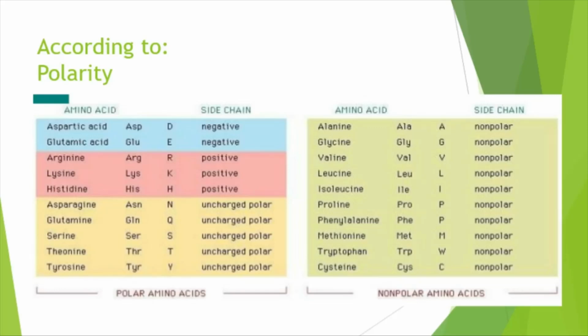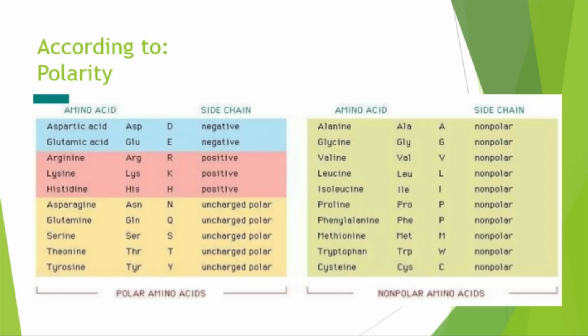Also, your amino acids can be classified according to polarity. When we say polarity, it is the presence of a more electronegative element in the structure, correct? So that it can be considered polar. It can form hydrogen bonding. So we have polar and non-polar amino acids.